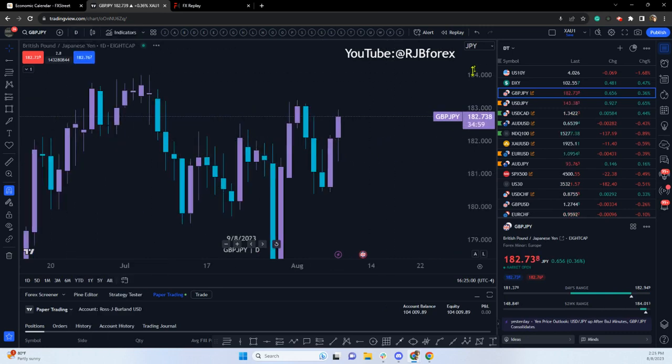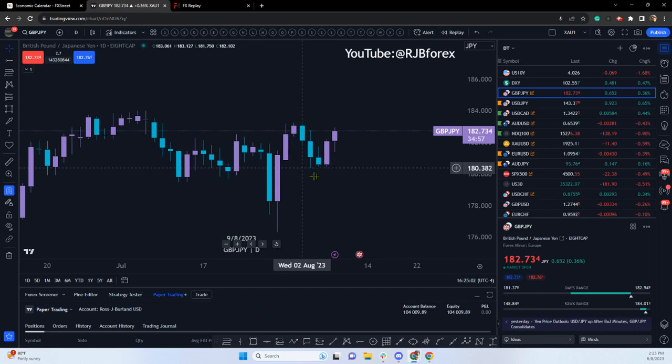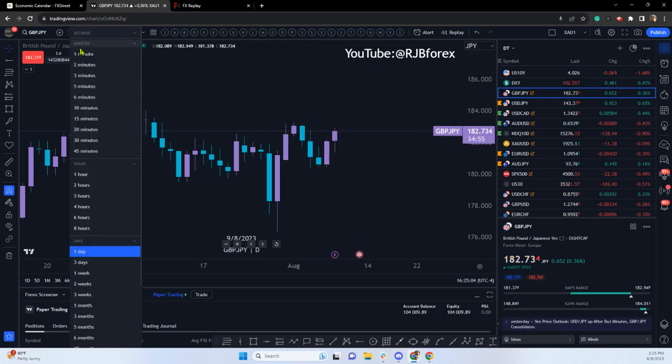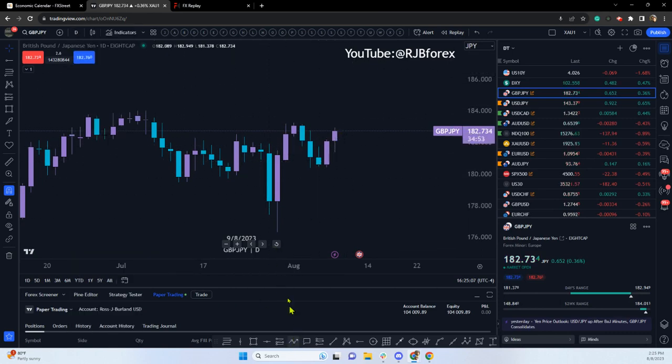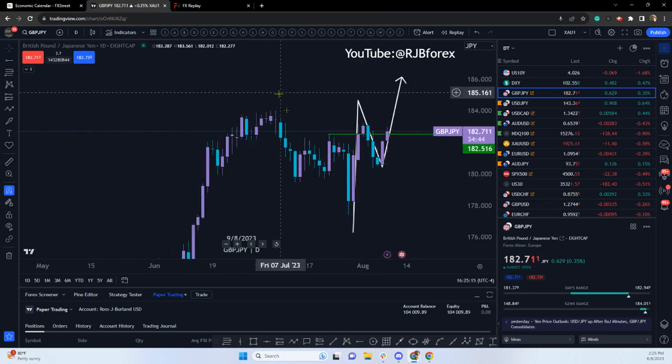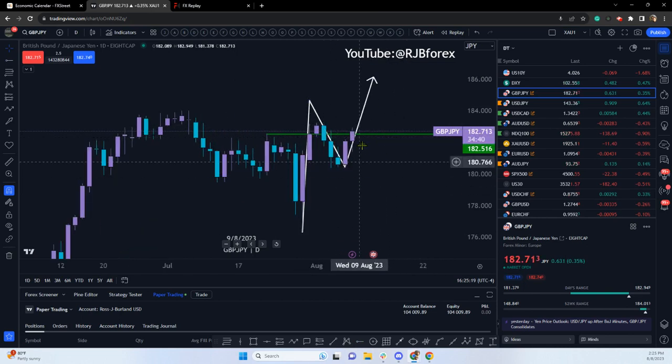So on the daily chart, sterling yen looks like it wants to head higher. You've got this impulse, correction, impulse, break of structure over here. Right, so you've got a change of character really, looking to head higher.